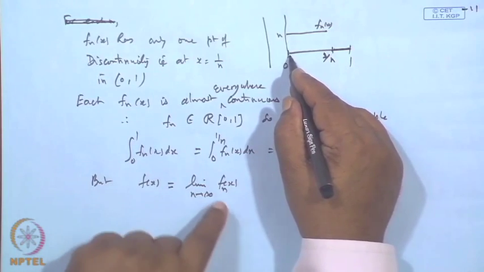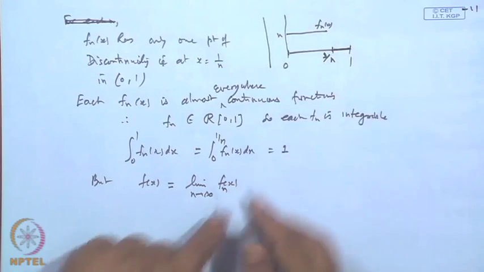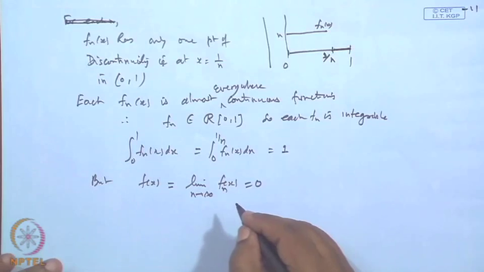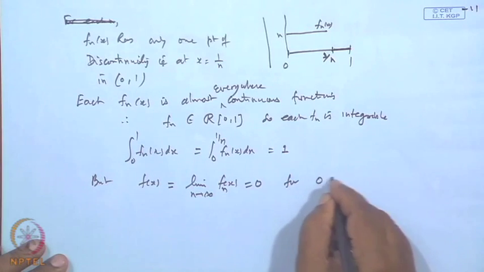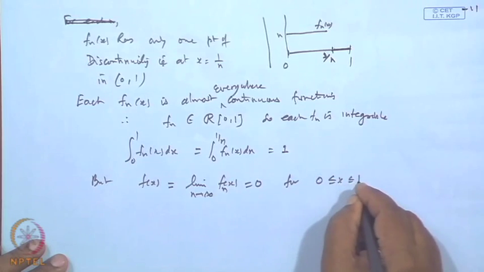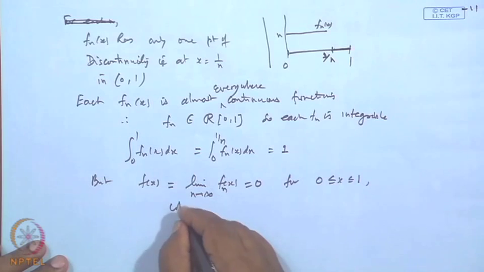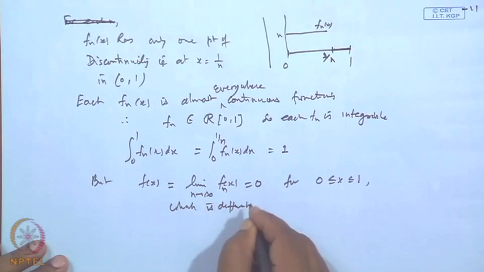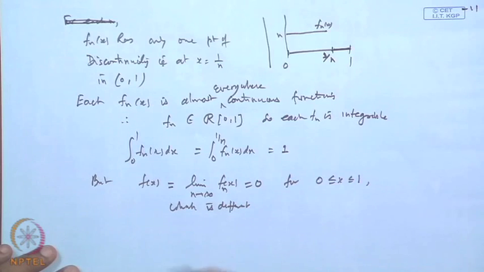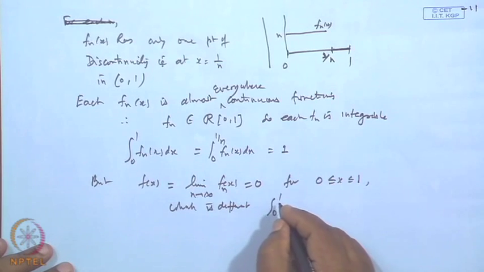So, the limiting value will be 0, because after this the value will be 0. So, the limiting value is 0 for 0 less than x less than or equal to 1, but which is different from this one, 0 to 1.